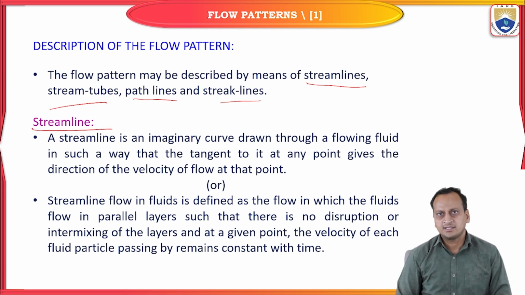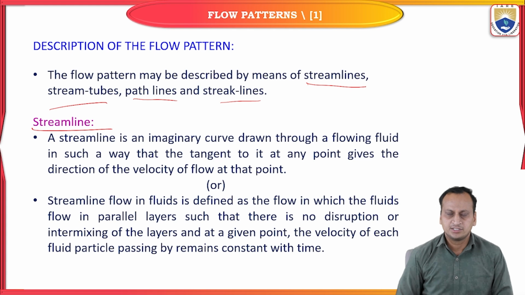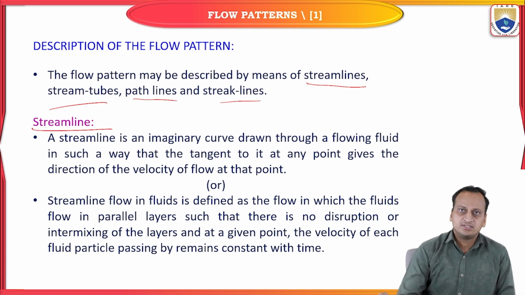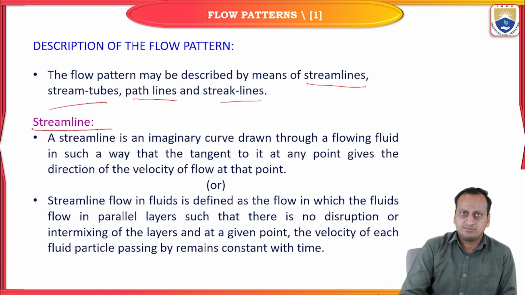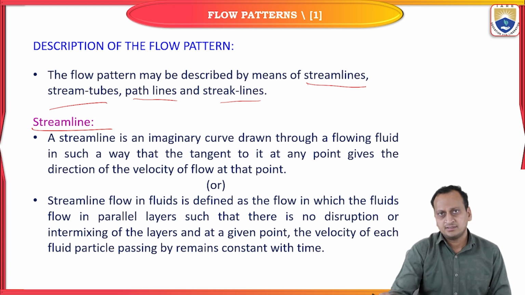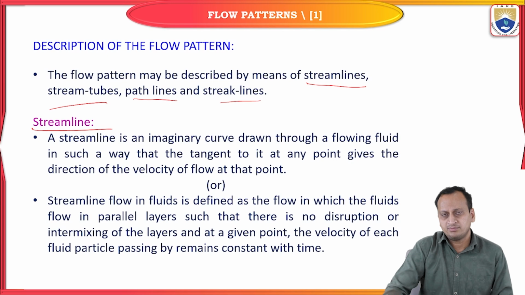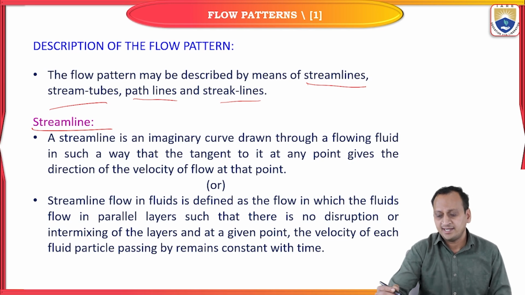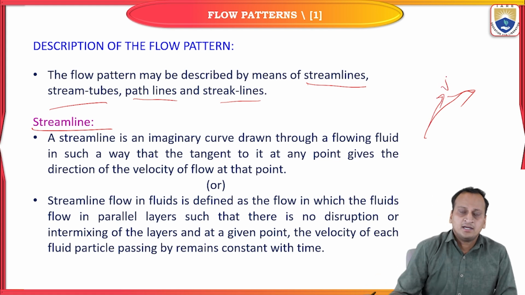Basically, the streamline can be defined as follows. When a fluid particle is moving, if you assume that it is moving in a curved path, then the tangent to that curved line at any point will give the direction of velocity of that fluid particle.